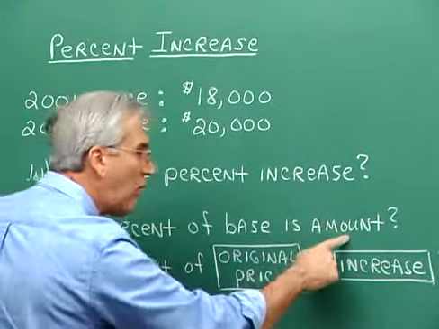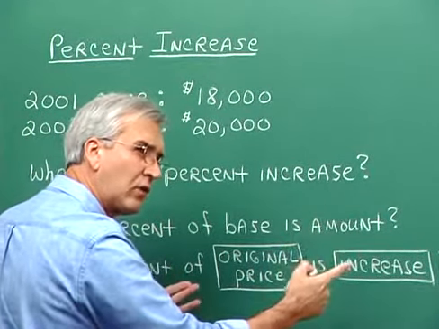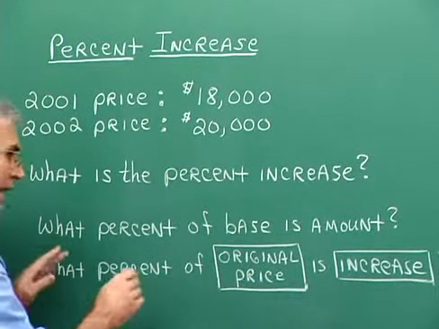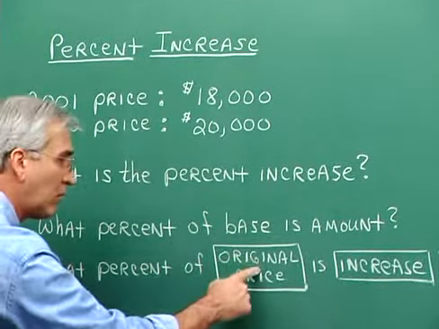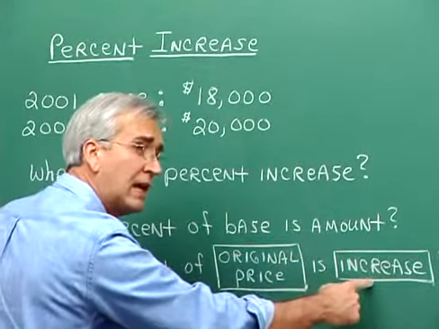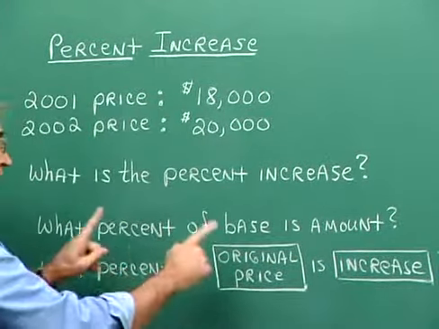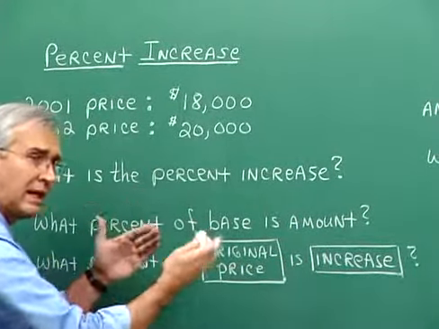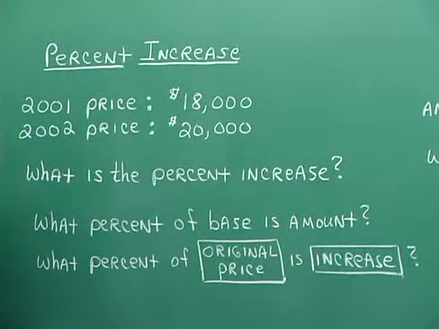And the amount here is the amount of the increase from one year to the next. So we're trying to find the percent of the original price, which is the increase. What percent of the original price is the increase? So that's a way of correlating it back to something we've had before.